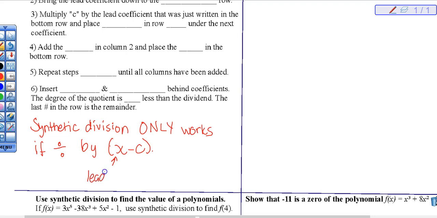The other thing is the lead has to be 1. It has to be 1x minus some constant or plus some constant. So it has to be a linear factor where you can see the 0 right away. Synthetic division only works if I'm dividing by x minus c. That's it. If you have an x squared or a 2x minus 3, you cannot use synthetic division. You have to go to long division.